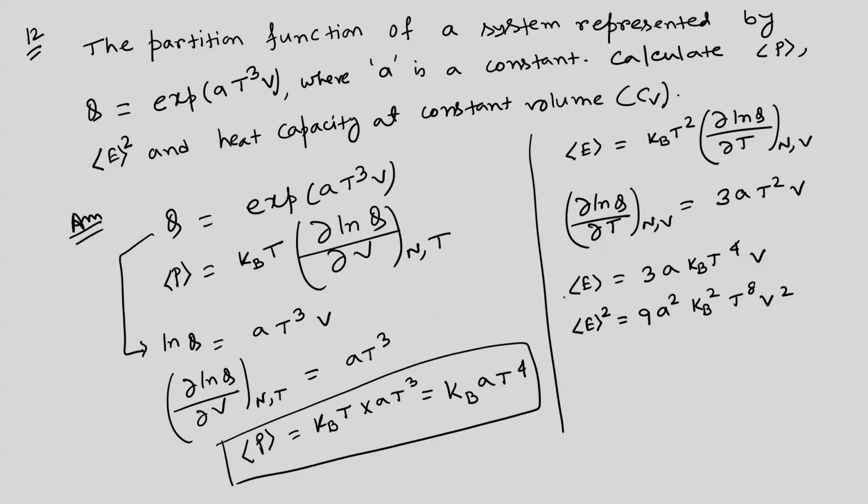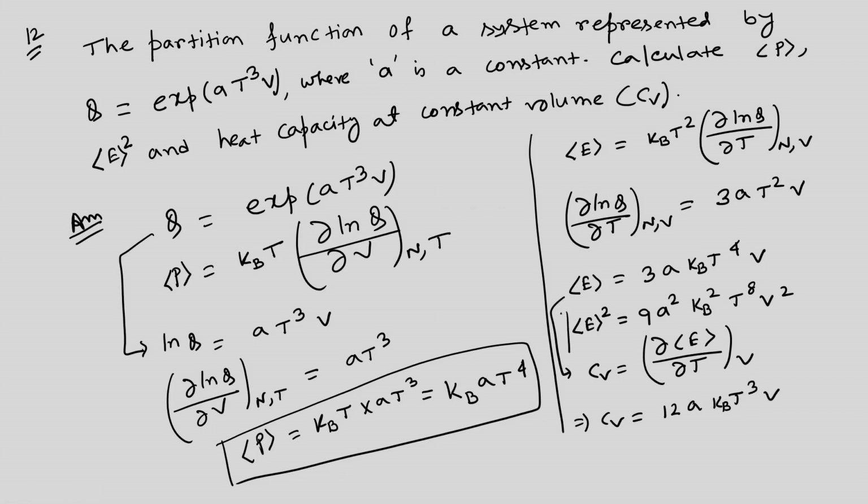And then we can calculate CV. So, CV is del U by del T at constant volume. So, we get CV is 12 a kB T cubed times V. As I said, this is a pretty straightforward problem.